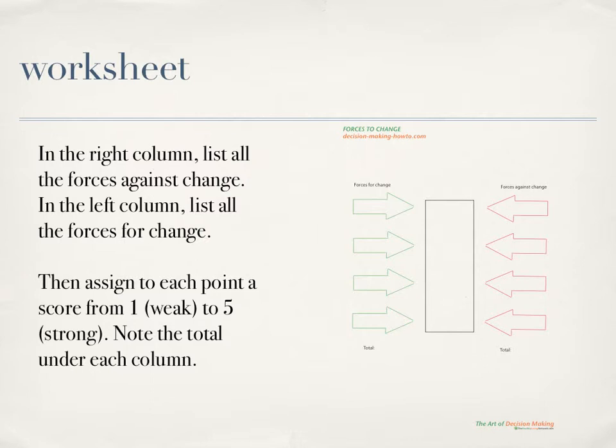With every point, you're going to score it from 1 to 5, where 1 is a weak force, weak resistance, and 5 is a strong one. We do it on the right and on the left. Then you sum up the numbers, and you have a total for the resistance, the forces against change, and a total for the forces for change.